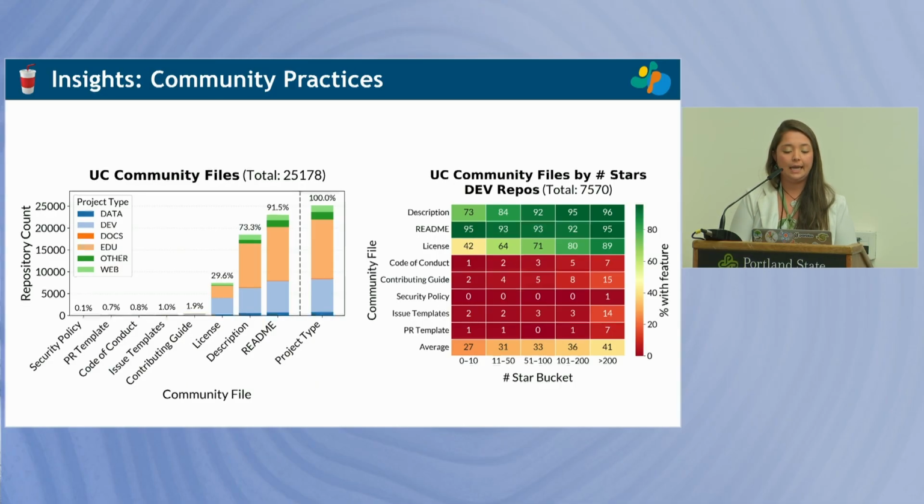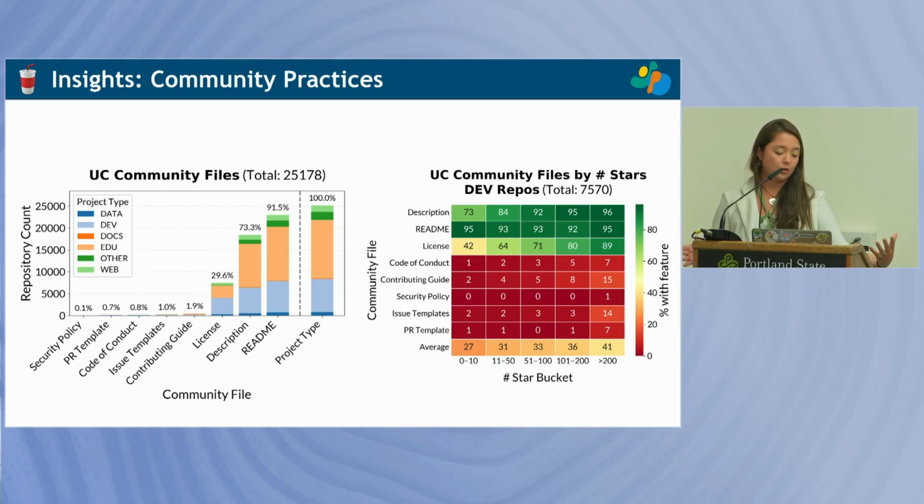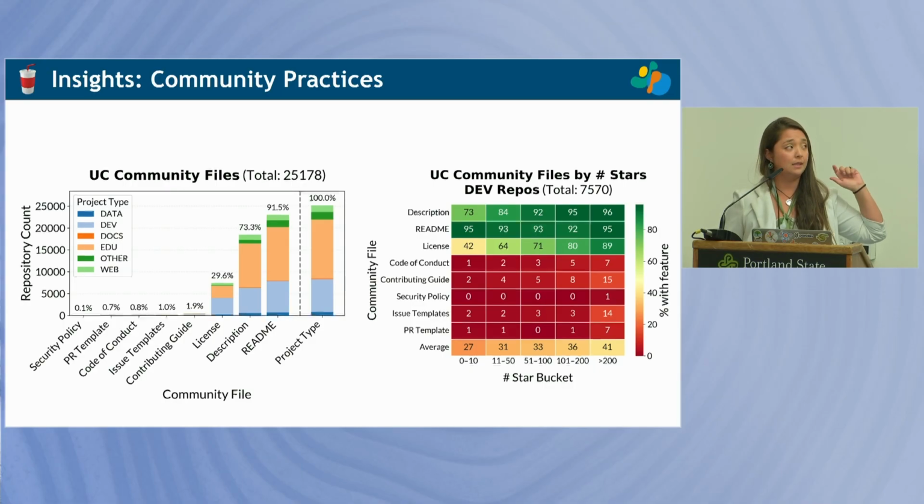These are indicators of some of the things that projects should do for keeping a friendly community: README, description, license, contributing guide, issue templates, code of conduct, PR templates, and security policy. We can see that almost all the projects have a README, 91% of them. If we look at the description, it's around 70%, so way less. The license, we already mentioned that only 30% of the projects have one.